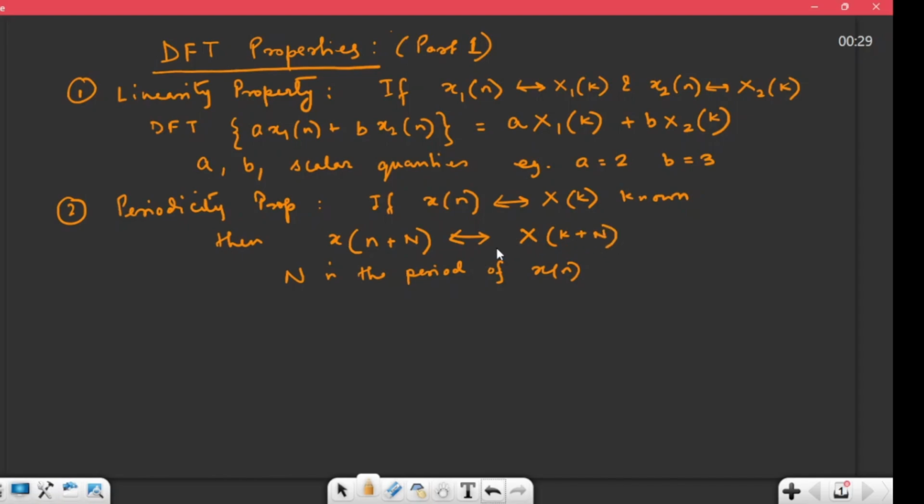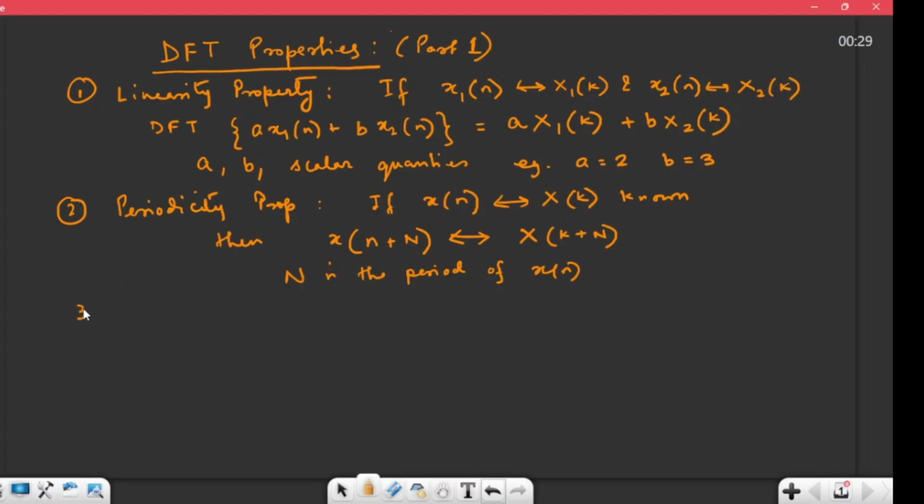So it means that if you increase the signal x(n) by a period capital N, then the DFT is also increased by the period capital N.